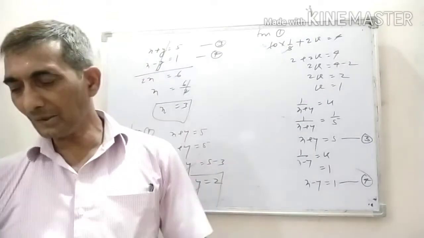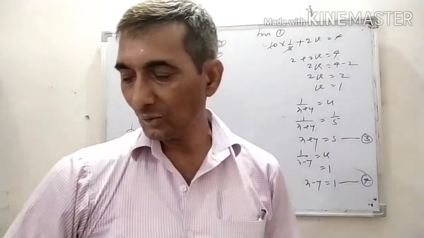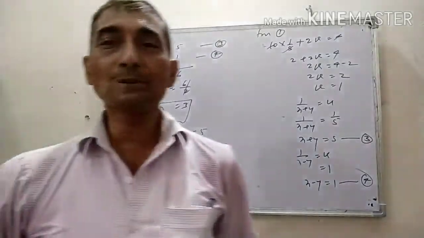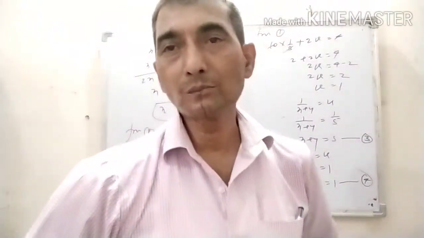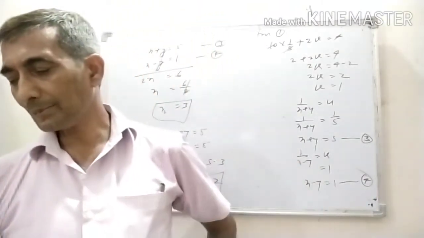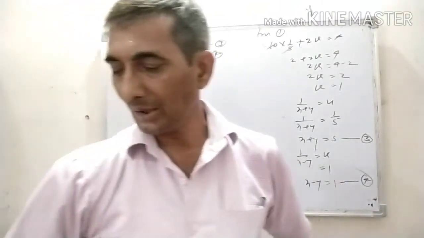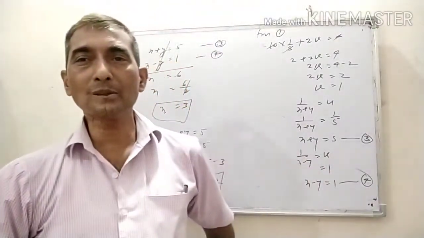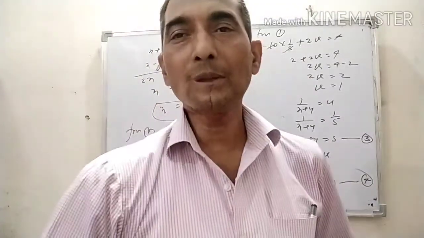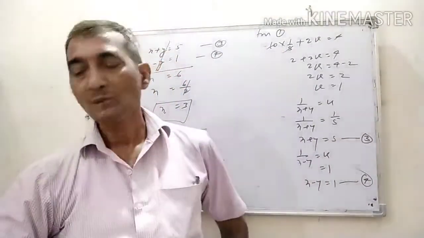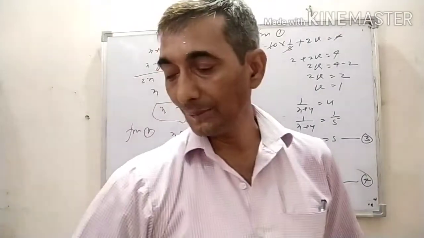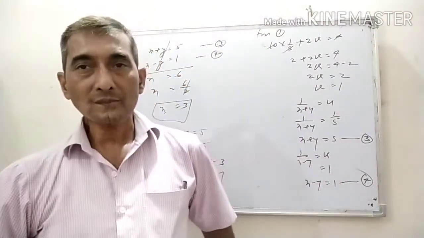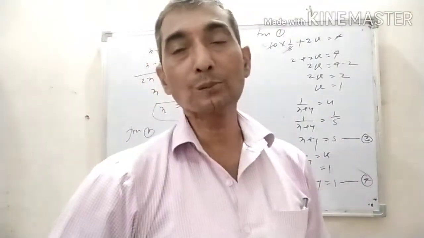Similarly, by the same method you can solve the 8th part of question number 1: 1 upon 3x plus y plus 1 upon 3x minus y equal to 3 by 4. Considering that 1 upon 3x plus y equal to u and 1 upon 3x minus y equal to v, your equation changes to u plus v equal to 3 by 4, or 4u plus 4v equal to 3.